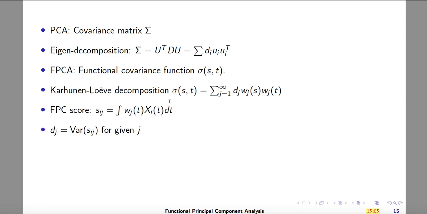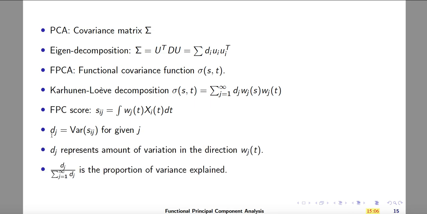So this wj of t will be the jth functional principal component, and the FPC score will be just the integral of wj of t times xi of t. And the eigenvalues dj will be the variance of the FPC score S sub ij. So here dj represents the amount of variation in the direction wj of t.